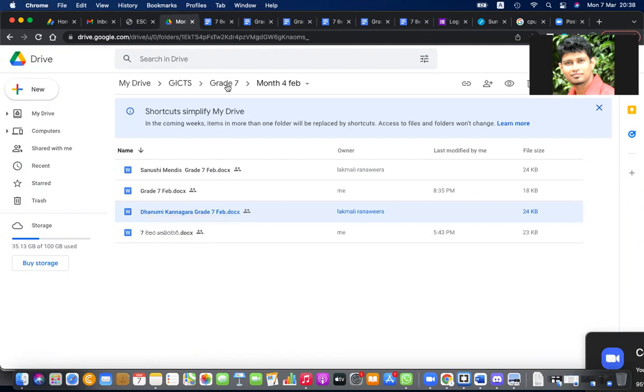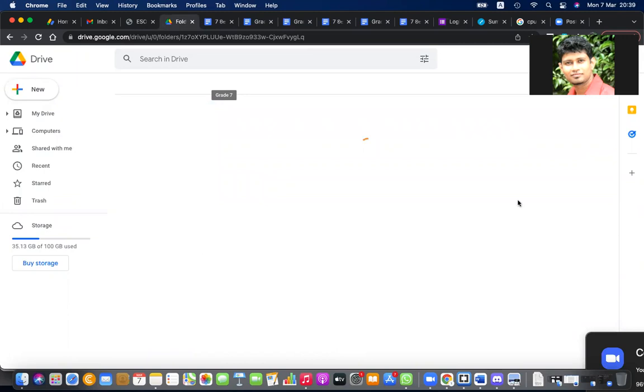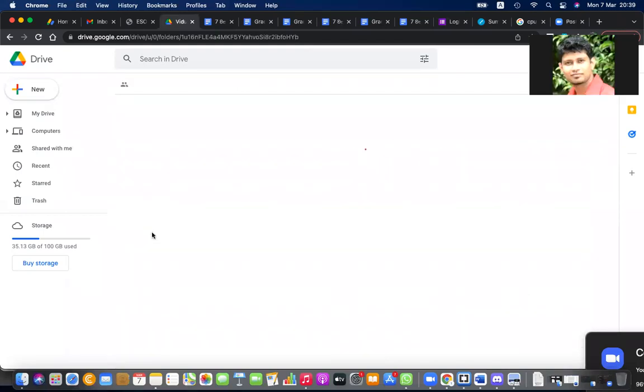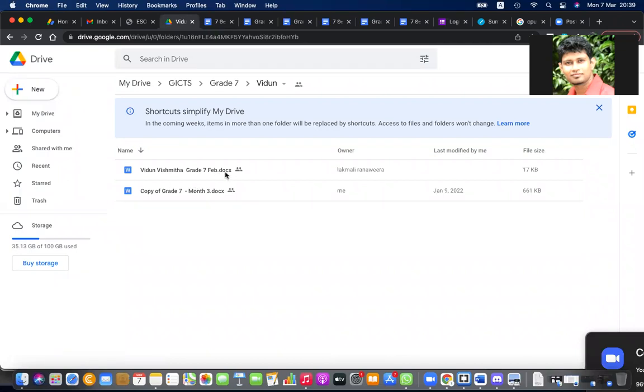Can be a reason. Vidun's note I think has been sent. Here, it's already sent. Vidun, check it. Yeah, here it's sent by Lakmal. You can check it. If not, please inform Miss Lakmali, she will send it back.